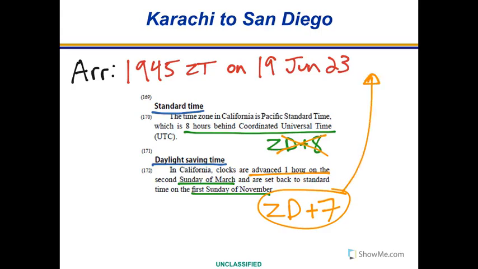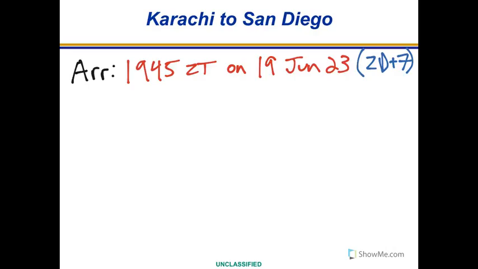So just like we did for Karachi, I'm actually going to move this up here because I'm going to use this in the next part of the problem. So this is the same case as Karachi. We're going L to Z, local to Zulu, so we're going to let it be. So this ZD plus 7 is going to take those 7 hours and add it to our zone time to get GMT. So this is what it'll look like.